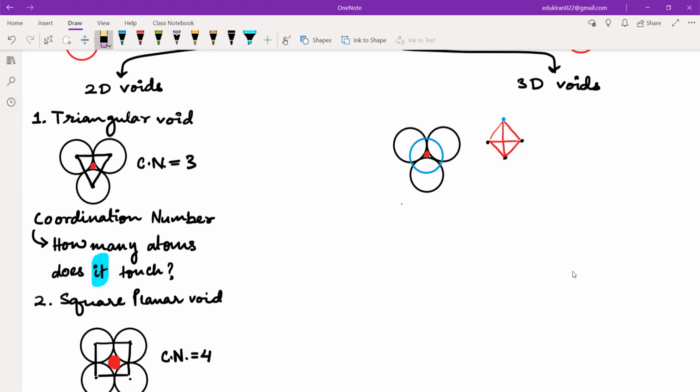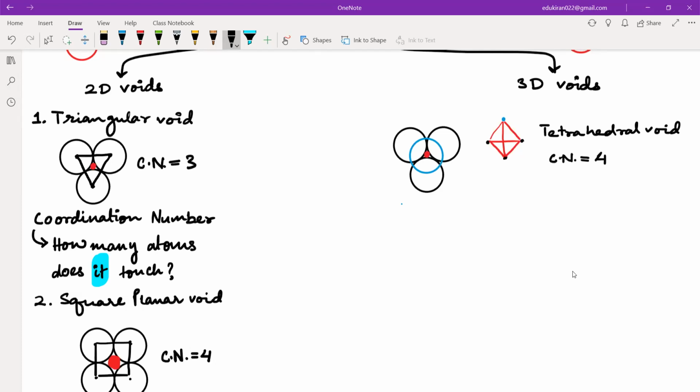This geometry leads to a tetrahedral shape. So this is a tetrahedral void. What will be the coordination number? 4. Yes, again 4, because 4 atoms are making this tetrahedral void.